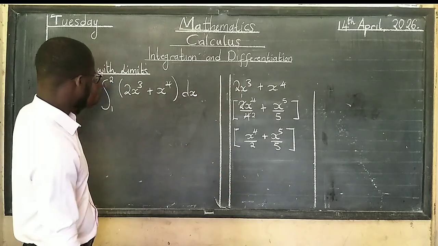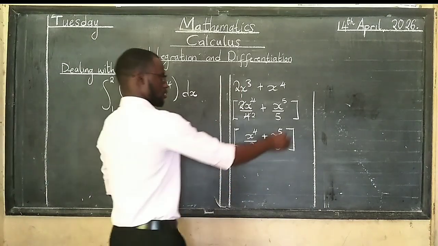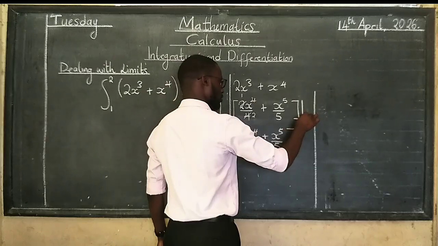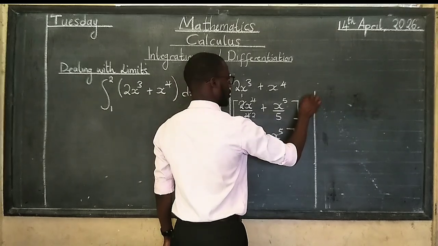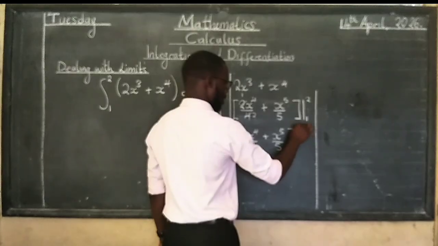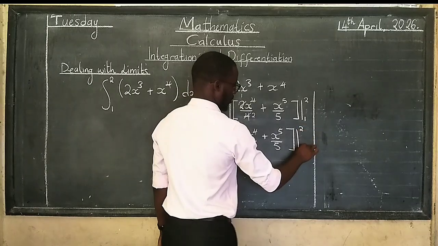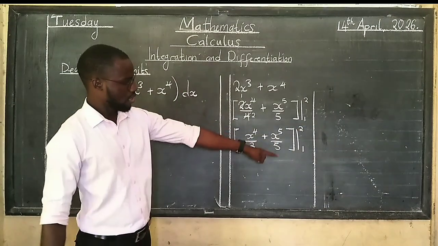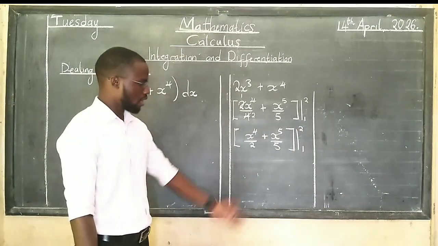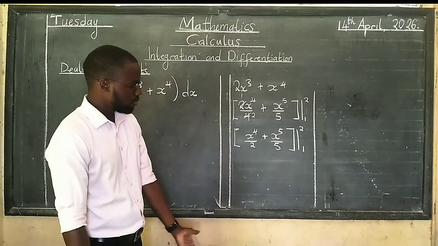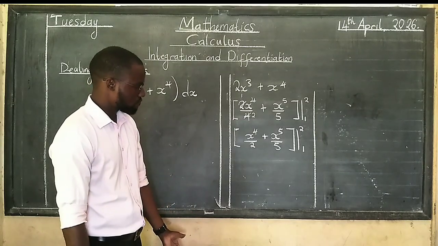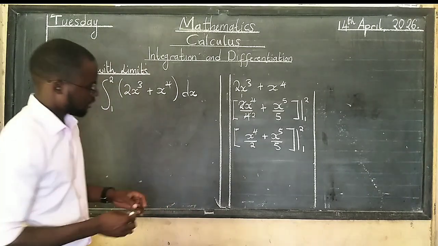Now we have these limits. So sometimes it's wise to do this and then put the 2 up there, 1 there, showing you that the limits are still involved. Now, how do we use them? The limits work like this. Let me see.